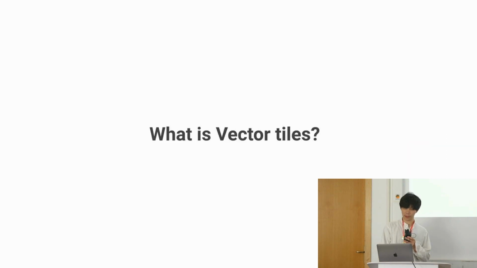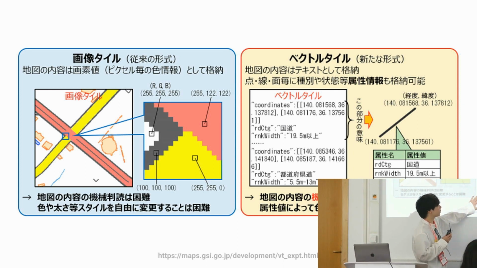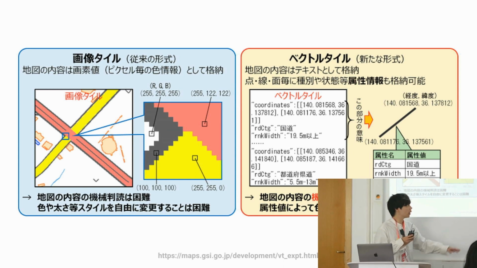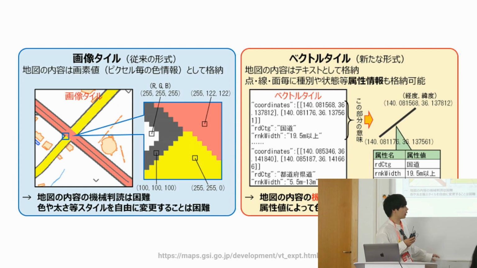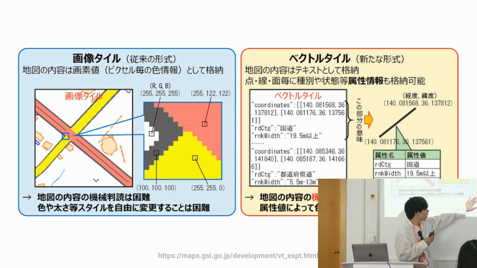So what is a vector tile? Probably everyone knows this, but I will explain. Sorry, this is Japanese documentation, but I will explain. This is a vector tile. Vector data can be read by the computer.